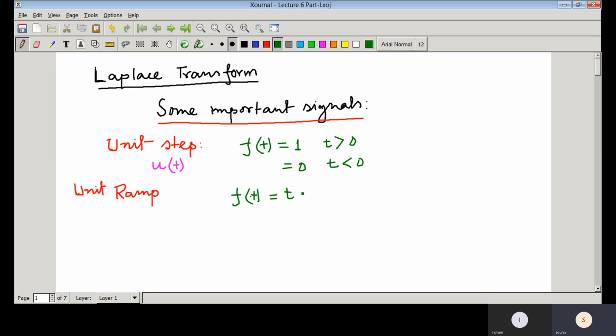As it is a unit ramp, the slope is 1 when t is greater than or equal to 0, and it is equal to 0 when t is less than 0. This unit ramp function is normally denoted as r(t).